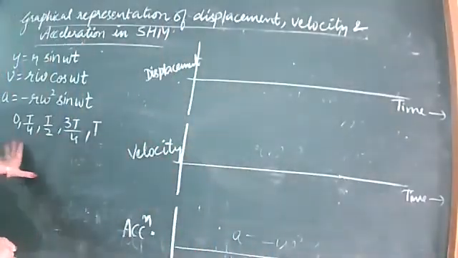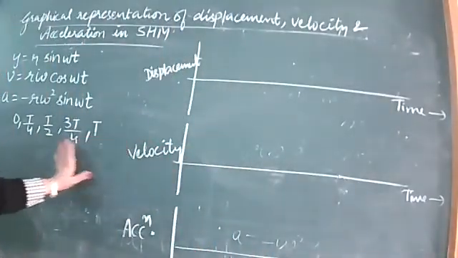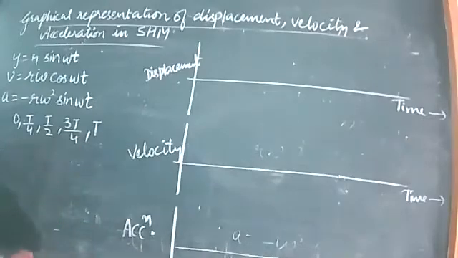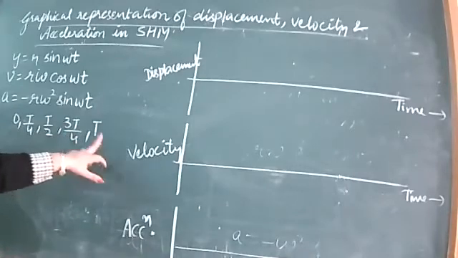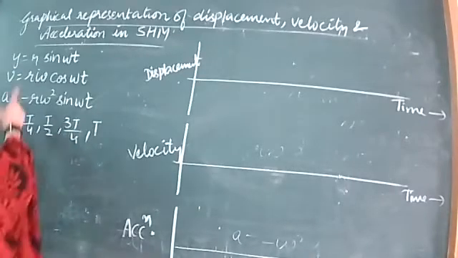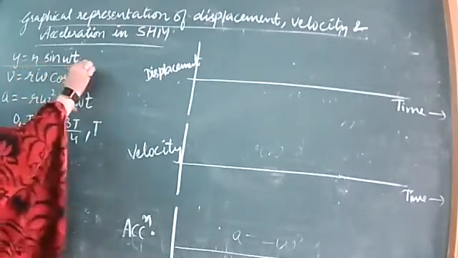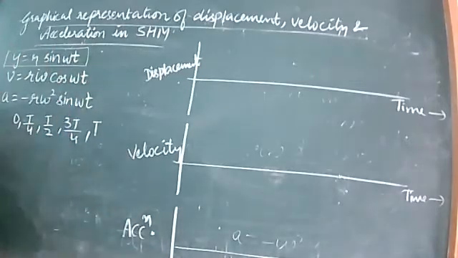So we have divided the whole time period into 5 points, each with a gap of T by 4. So this is 0, T by 4, 2T by 4, 3T by 4, and 4T by 4. Let us check how much the displacement is. First, we'll be plotting displacement. Put t equal to 0.